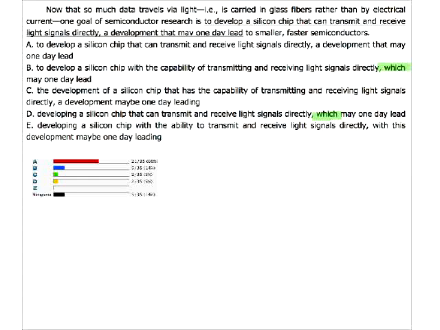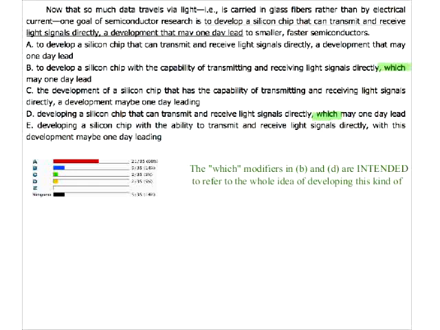We're talking about the intention, not what it would grammatically be assigned to. Those are intended to refer to the whole idea of the development of the silicon chip. The whole idea of developing this kind of silicon chip.